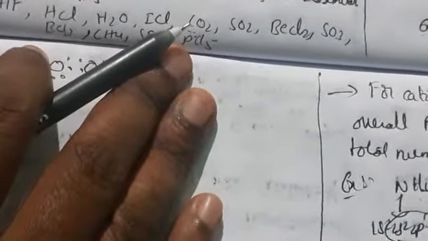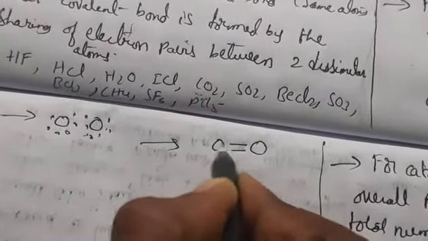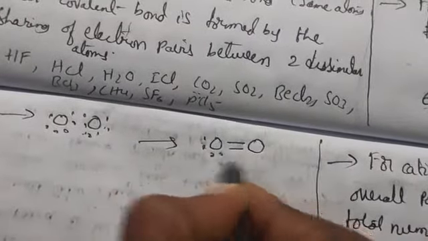In the next step, for O2, the total number of electrons should be distributed as bond pairs. These two electrons are written as bond pairs, and the remaining can be represented as lone pairs.